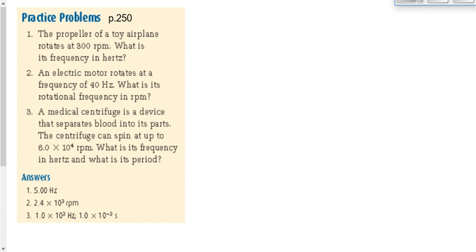All right, so anyways, this centrifuge can spin at speeds of up to 6.0 times 10 to the 4 RPMs. What does that mean? What variable is that? 6.0 times 10 to the 4 RPMs, rotations per minute. Frequency, period, something else, speed. Rotations per minute.